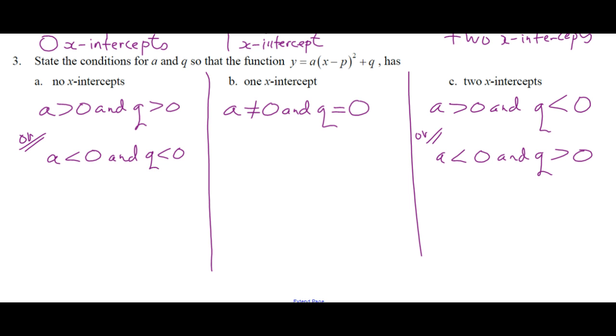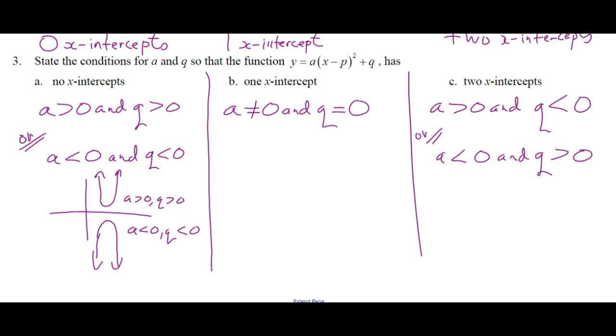Okay, questions? If you want, draw yourself little sketches for each one. Opens up and up, so that's a is greater than 0, q is greater than 0. A is less than 0, q is less than 0.